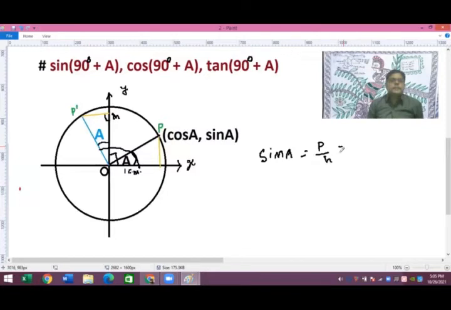The perpendicular is P dash M, which belongs to x. That means x is negative in this case because it is behind the y-axis, and H is 1, therefore x equals minus sin A. So we obtained the x coordinate as minus sin A, that means negative sin A.